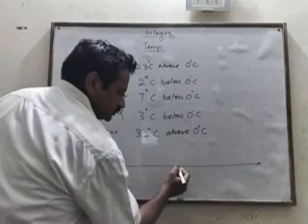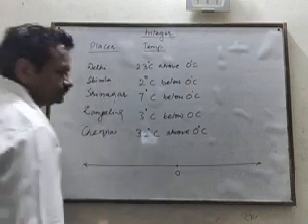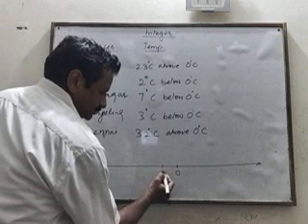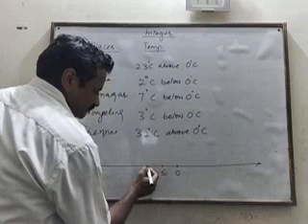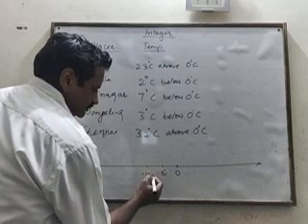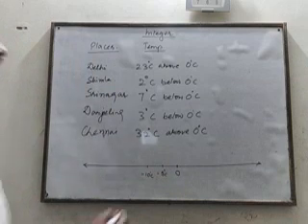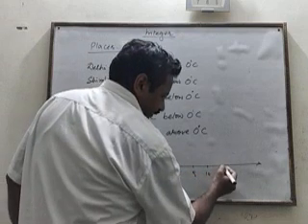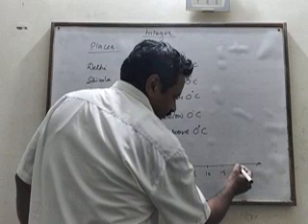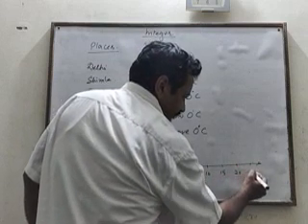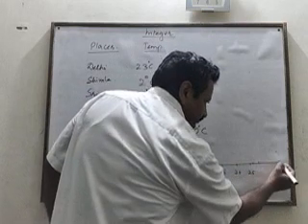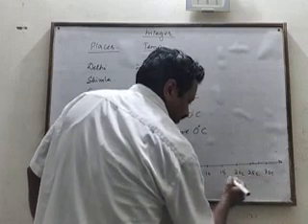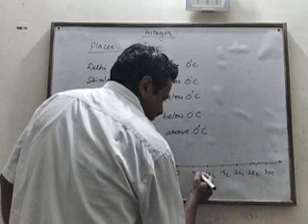We can take 0 in the middle, then 5, minus 5 degrees Celsius, minus 10 degrees Celsius, and on the right side 5, 10, 15, 20, 25, and 30 degrees Celsius.